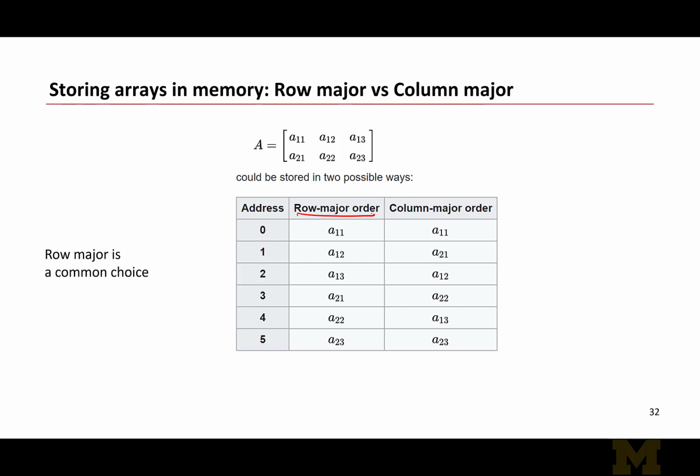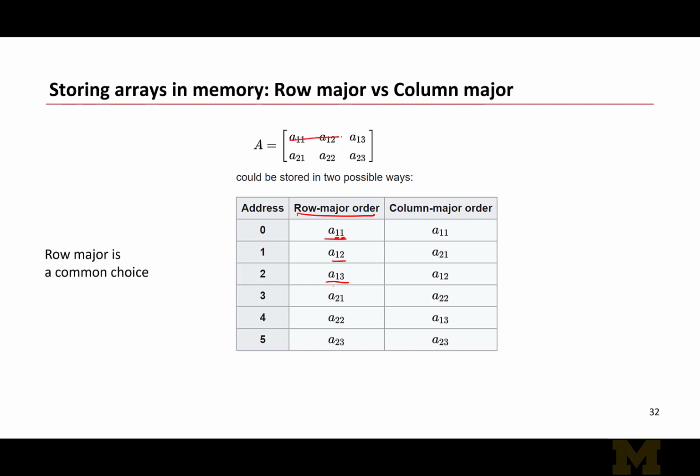When I have an array A, which is a 2-dimensional array, I would first store all the elements of a row next to each other. So I would store A11, A12, followed by A13. The first subscript says this is a row, the next subscript says which is a column.